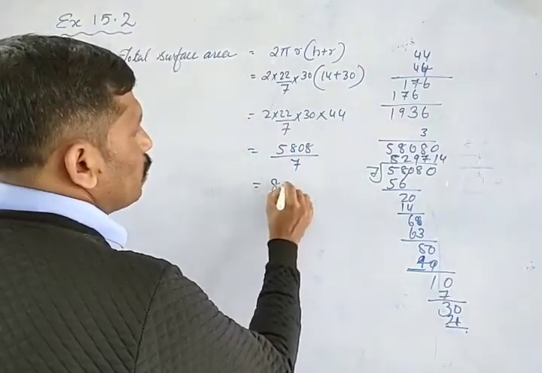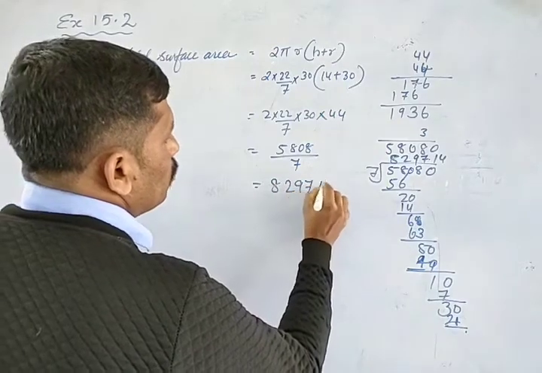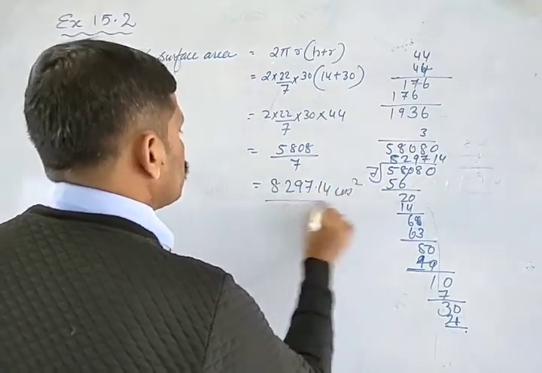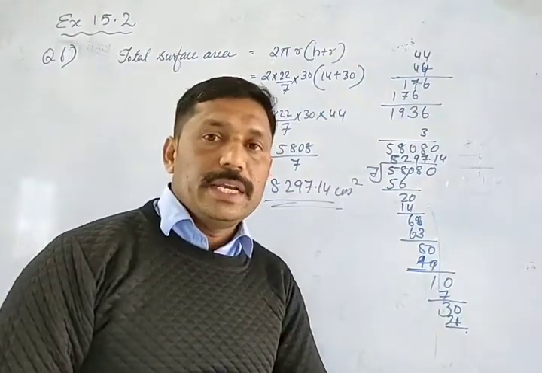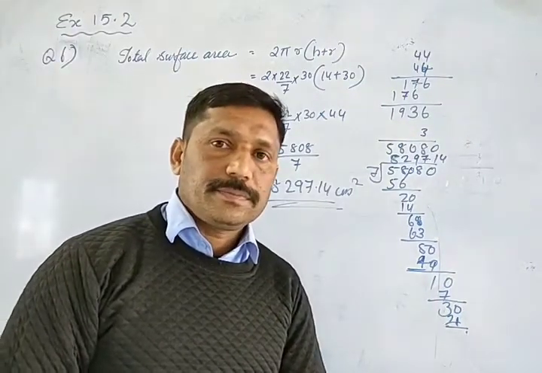That is equal to 8,297.14 centimeters square, the total surface area of that cylinder.